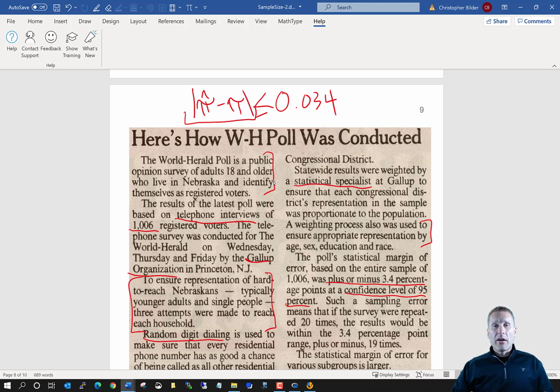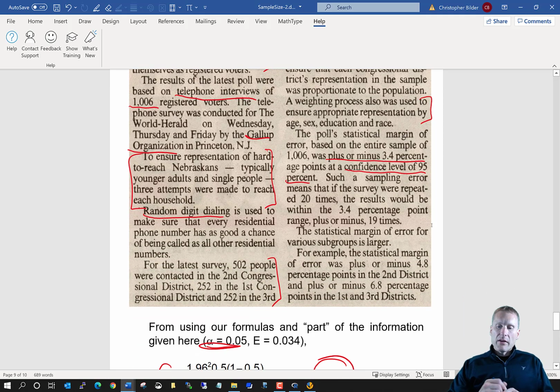Very frequently in our class, I talk about, let's say, if we repeated the sampling process 1,000 times. Well, if we did that here, that would mean about 950 times on average, we would expect this difference to be within 3.4 percentage points. And when I saw this, I was like, wow, this is really cool that they actually mention this, and rarely ever do you see this mentioned.